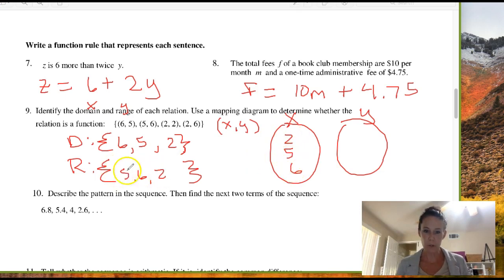And then I do the Y values in order, 2, 5, 6. They happen to be the same numbers, they're not always, okay? Then I do my mapping based on this. 6 maps to 5, okay? And then 5 maps to 6, then 2 maps to 2, and then 2 also maps to 6.